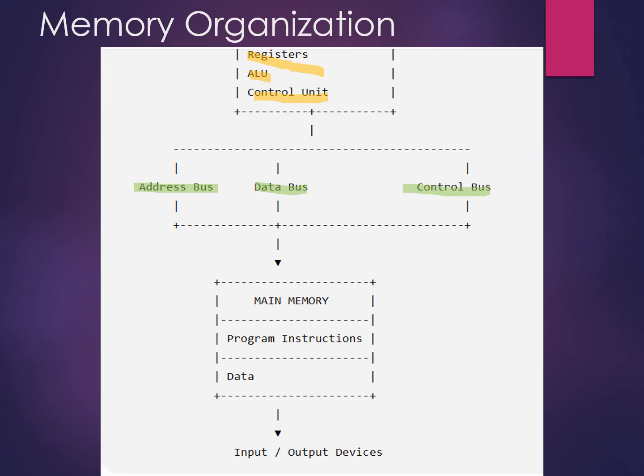It also has a main memory block with program instructions and data within it, which is then connected to the input or output devices. These are the memory organization systems where it is used.